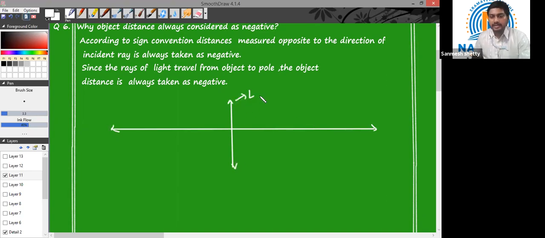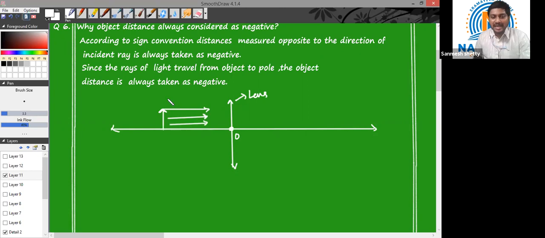Now, according to our sign convention, the object is always kept on the left-hand side of the pole. This is my pole or the optical center. Now the rays of light are originating from the object towards the pole.